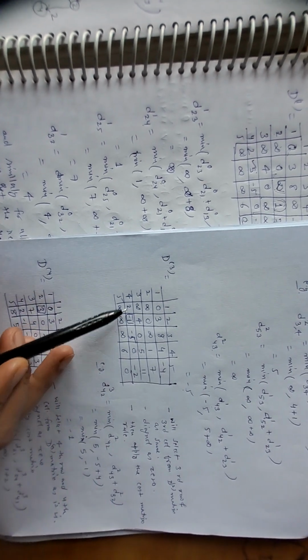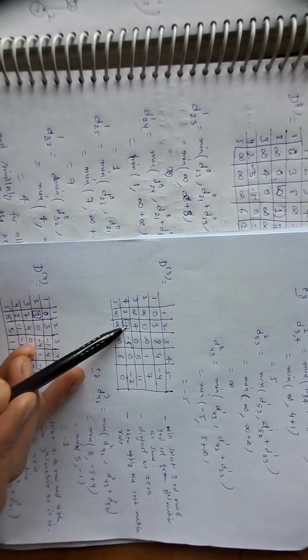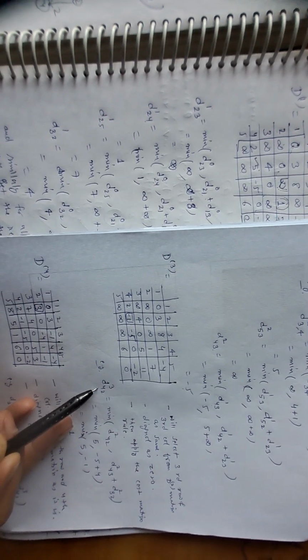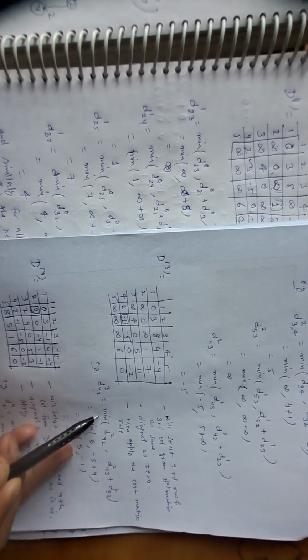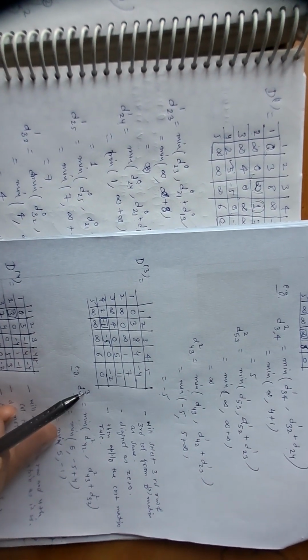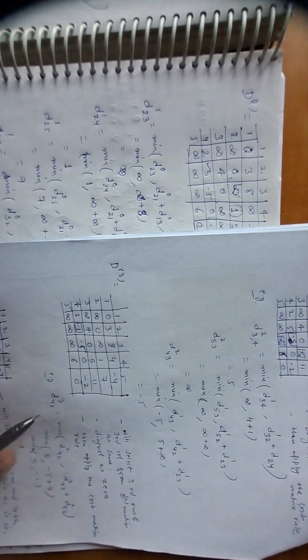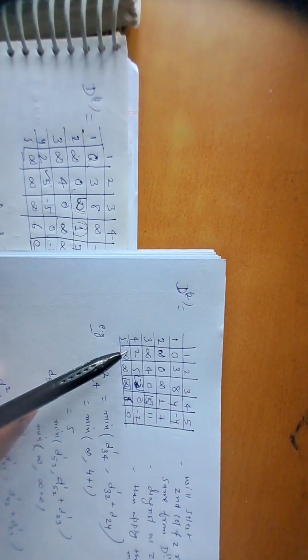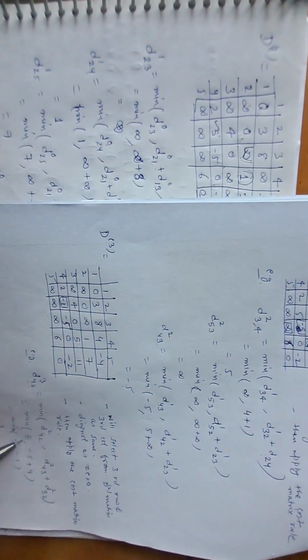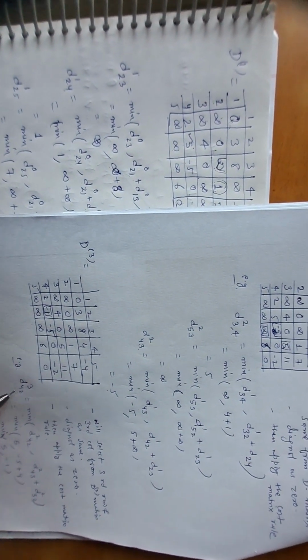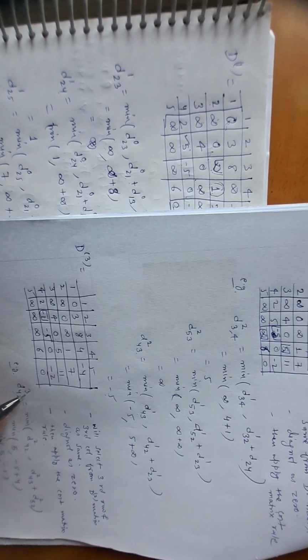Now you apply the same rule for the rest. If you want to find the D 4 comma 2 value, you will find the minimum using the second matrix, because we are calculating the third matrix, so we go to the second matrix. What was the value earlier for 4 comma 2? We can check from here. 4 comma 2 was 5. And what is the new value we can get if we go through 3?